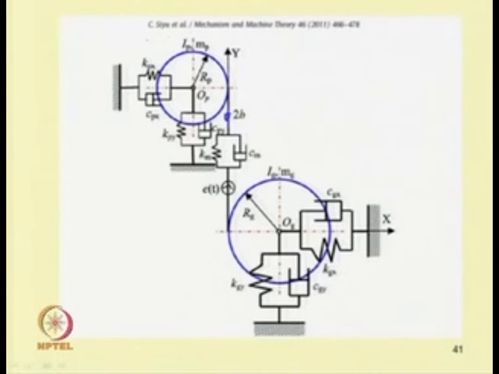One can see the details of this system in this paper by Siu et al., published in Mechanism and Machine Theory in 2011, volume 46, page number 466 to 478. Here the backlash and clearance are taken into account. By taking the backlash and clearance in a gear system, one can write the equation of motion.